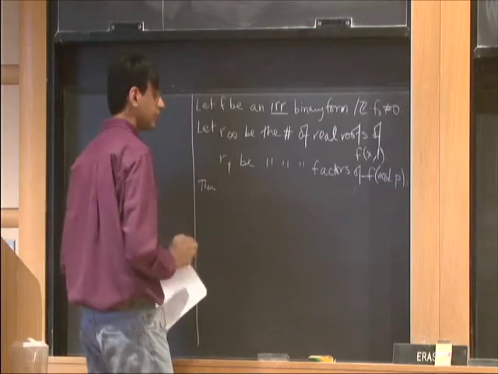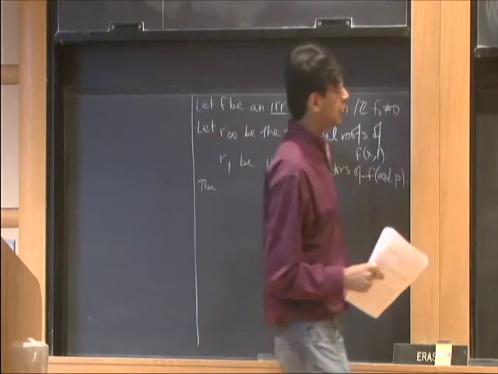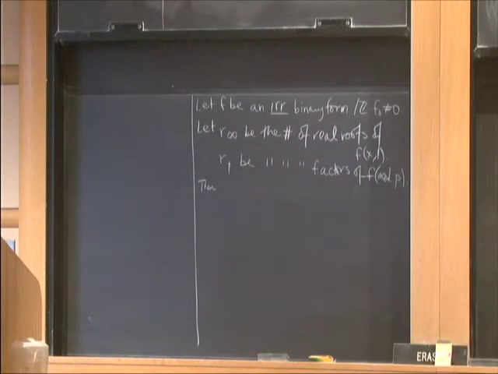Then over the reals, one can count how many G of R orbits there are on V of R that have a fixed binary form.